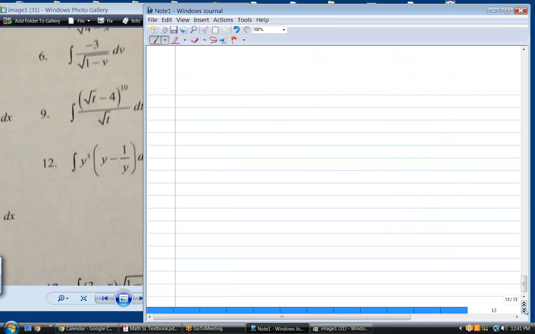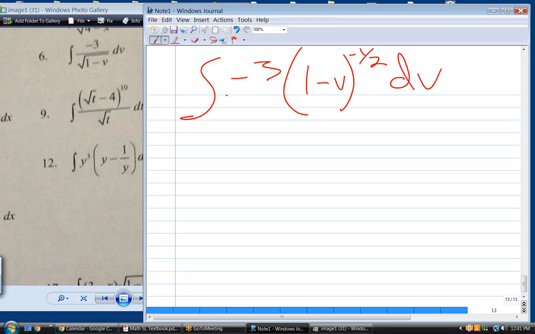But, all right, so here, minus 3, and let's write this as 1 minus v to the negative 1/2 dv. Is this a problem for u substitution?